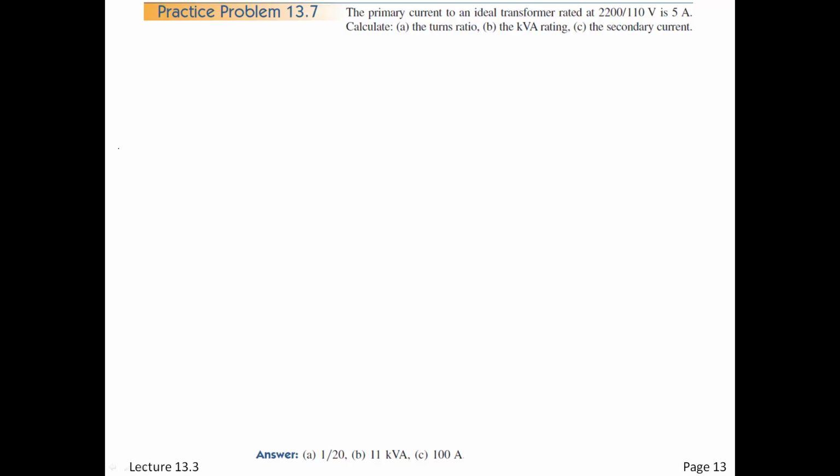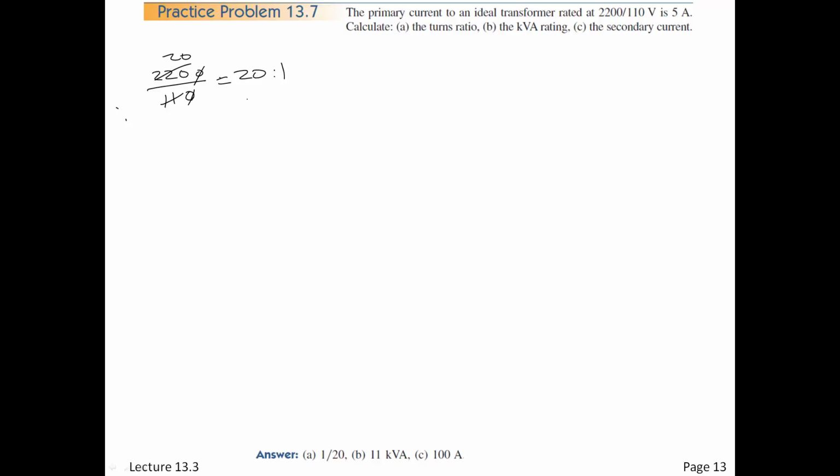All right, so we have an ideal transformer, and 2200 to 110. So 2200 to 110. I'm going to right away do this. This will make 20. So we're looking at 20 to 1 is how I tend to think of it. 20 to 1.